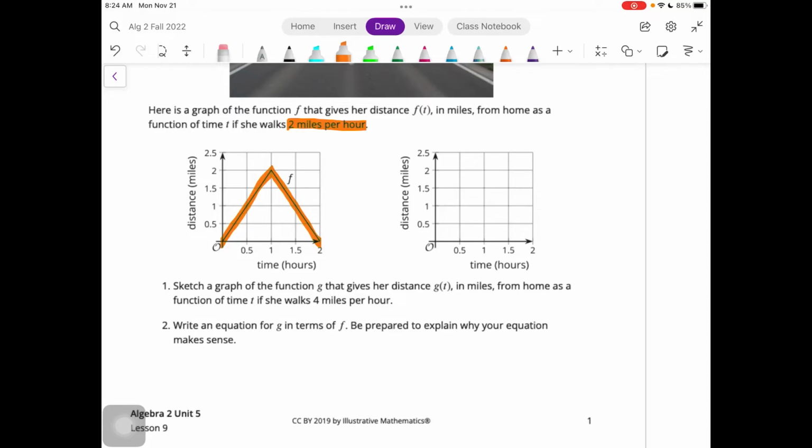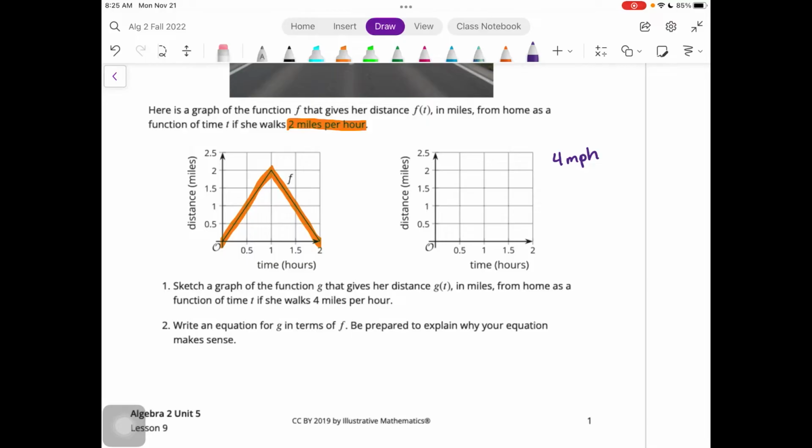All right, so sketch a graph of the function g that gives her distance, g of t, in miles from home as a function of time, t, if she walks 4 miles per hour. So if she's walking 4 miles per hour, then it's going to take her half as much time to walk 2 miles.